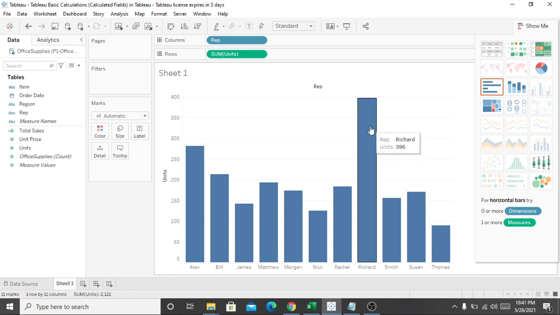So Richard has sold the most number of units. This is simple data: representatives with the number of units sold by each.